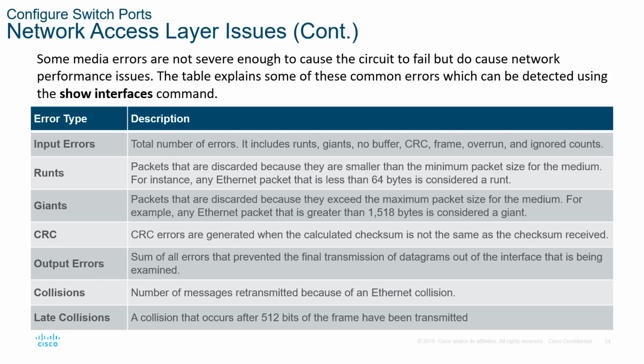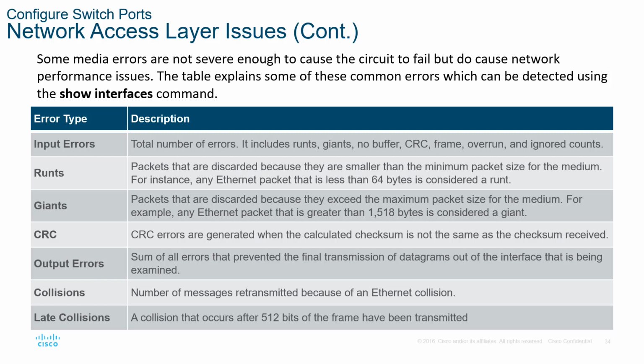Yes, I understand that we can have jumbo frames that will be above 1,518 bytes, but that's outside the normal content for what we're covering. We have a CRC error. Those will be how many CRC errors are generated when the calculated checksums are not the same as what's received.